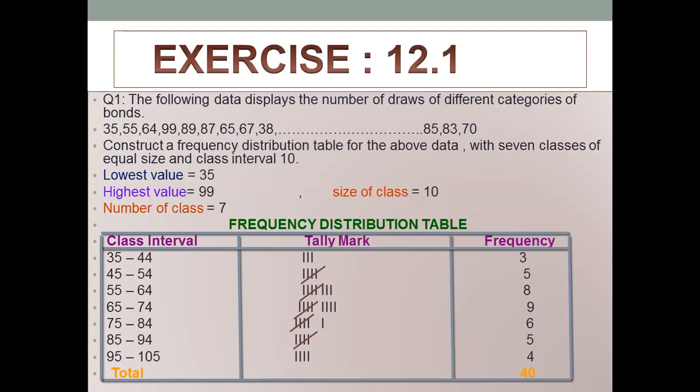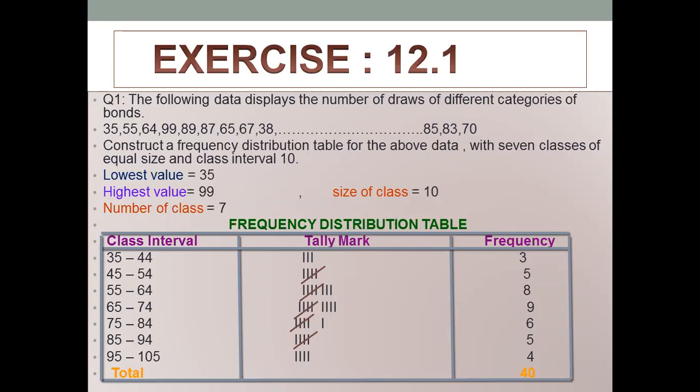When we check, we see that there are only three numbers. So we write the tally mark and represent it with three vertical lines. Then the frequency: the same tally mark we convert into numbers, and this is called frequency. So instead of three vertical lines, I write here 3.